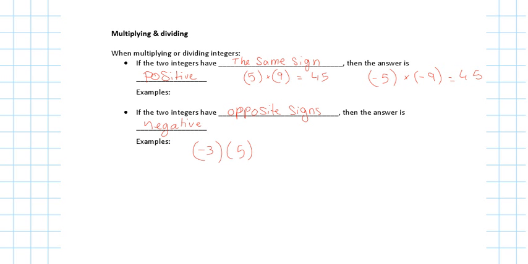When I multiply a negative by a positive, I'm going to end up with a negative. And when I have negative 4 times 2, it's going to be negative 8. So no matter which number is negative and which is positive, you're still going to end up with a negative number.